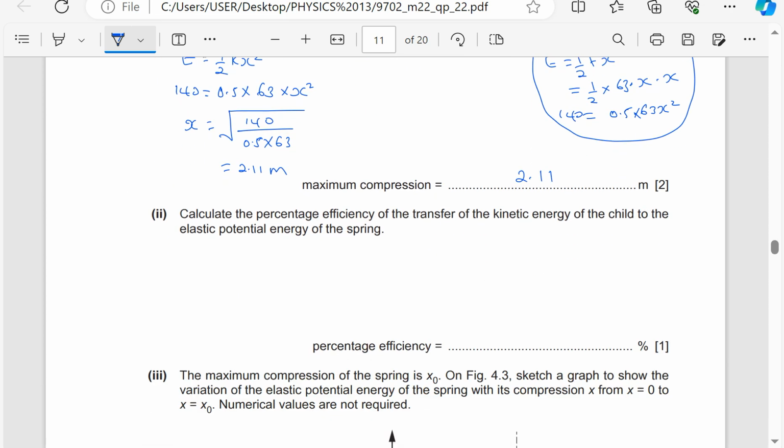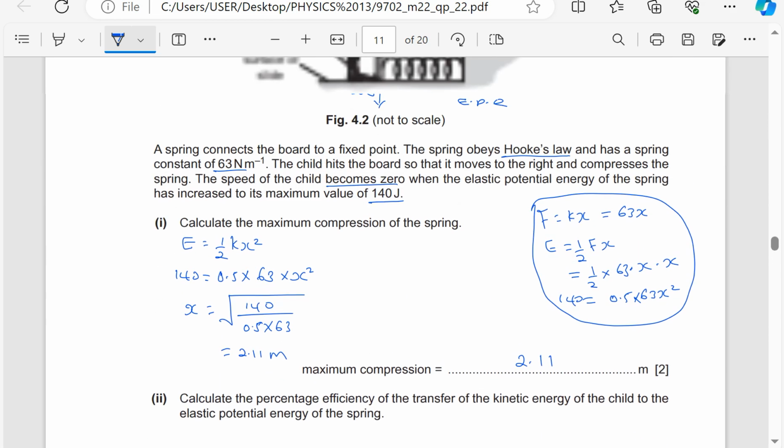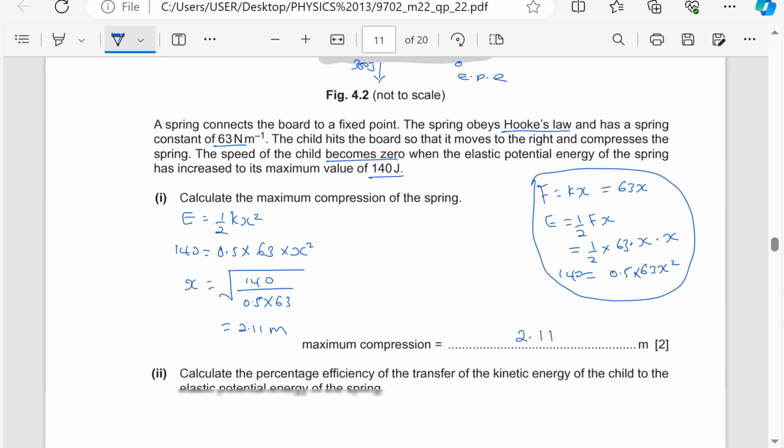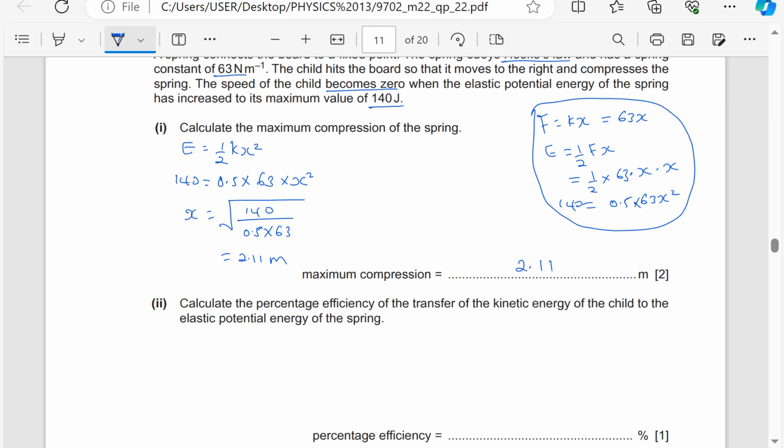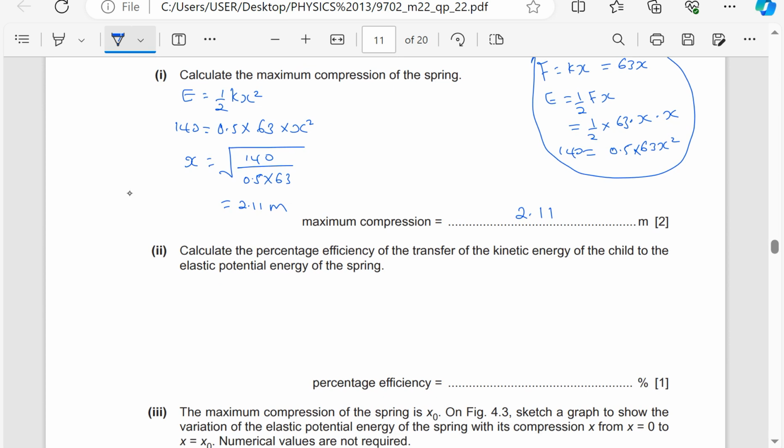Then calculate the percentage efficiency of the transfer of the kinetic energy of the child to the elastic potential energy. Remember, the kinetic energy was 300 joules. What became potential energy is 140. So we can say percentage efficiency is equal to the energy output over the energy input times 100.